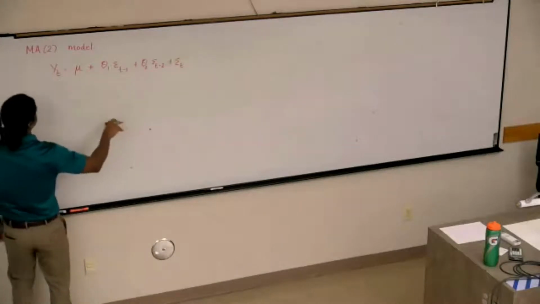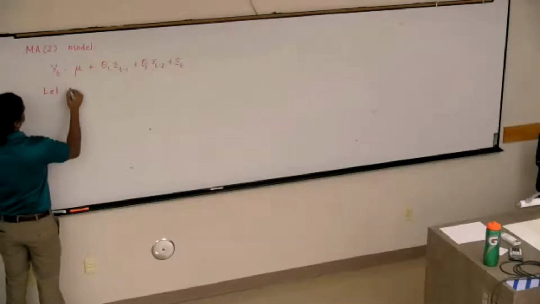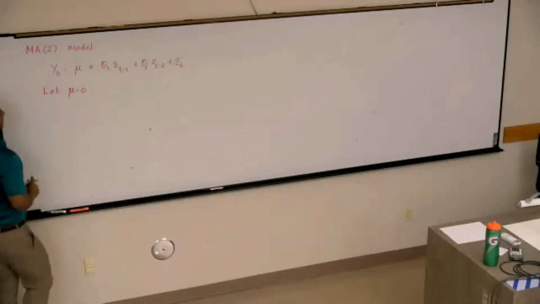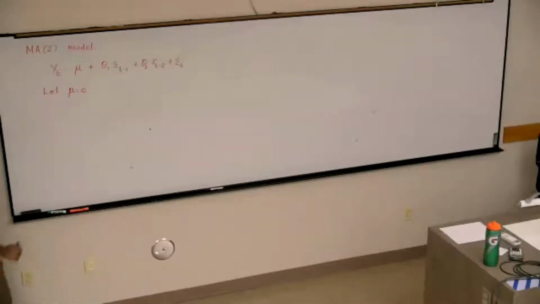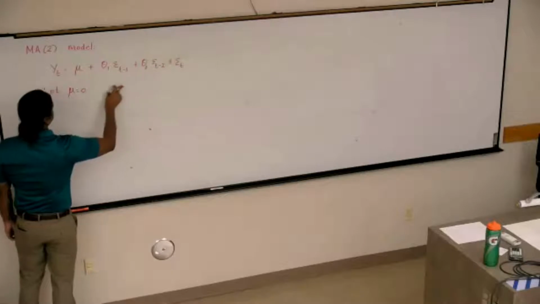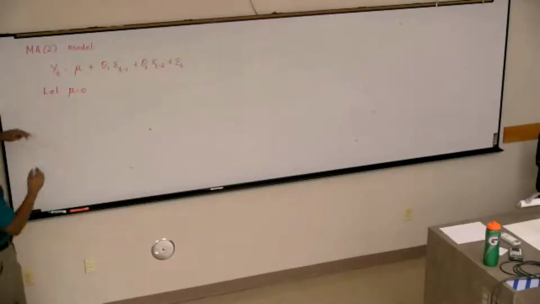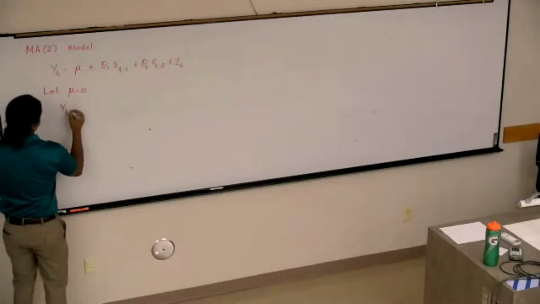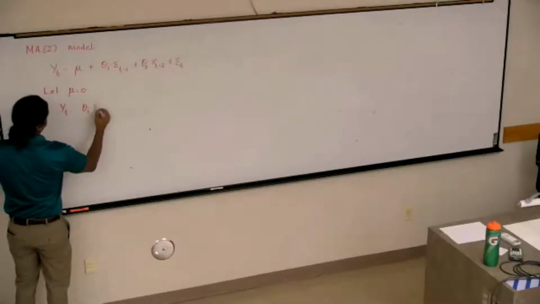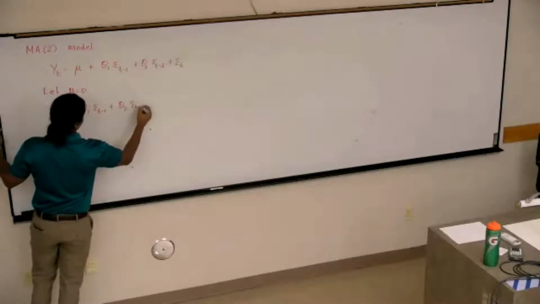If I subtract the mean out, it is equivalent to saying the mean mu is 0. Wait, does that mean that in the MA1 model, technically the mu is there too?